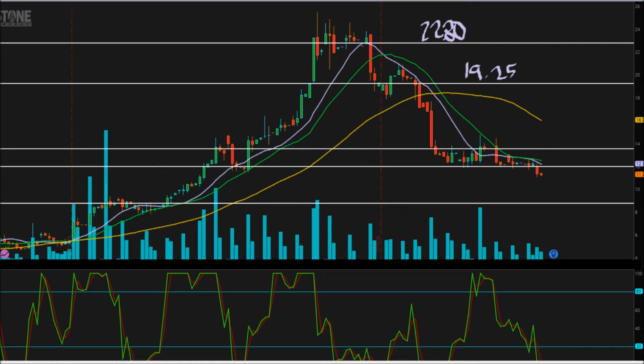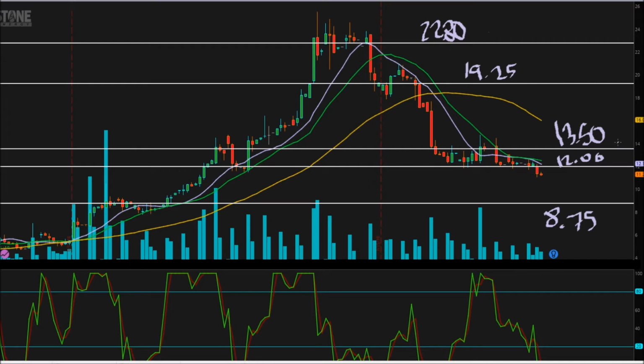Next one moving on down, 13.50, and slightly below that we have 12 flat. And then a ways down again, we have 8.75. So 22.80, 19.25, 13.50, 12, and 8.75. Those are the main pivot points that we have.